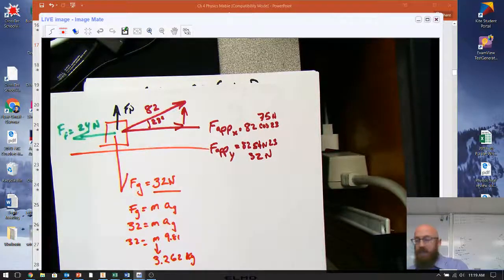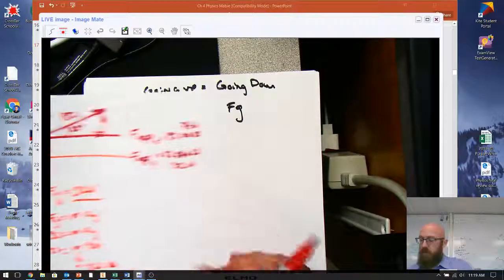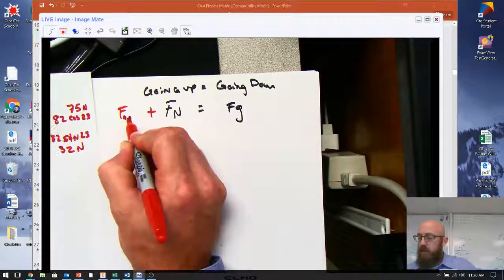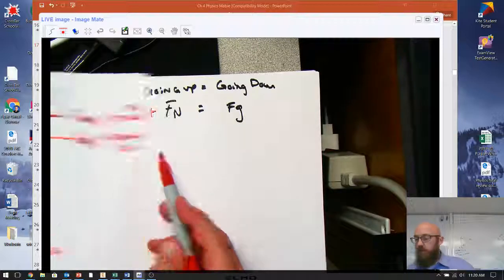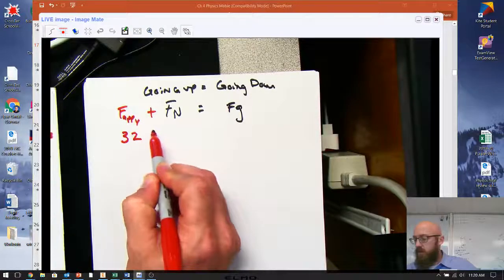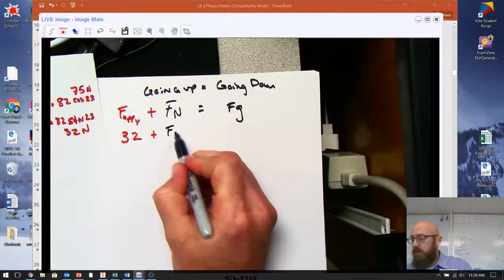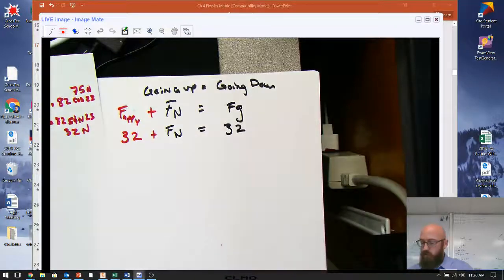We've got force being applied in the y direction at 32 newtons. So we have to include it. Force applied in the y, we said that was 32 newtons. So 32 plus our F of N, which we do not know, equals our F of G, which was 32. Well, that's kind of convenient.